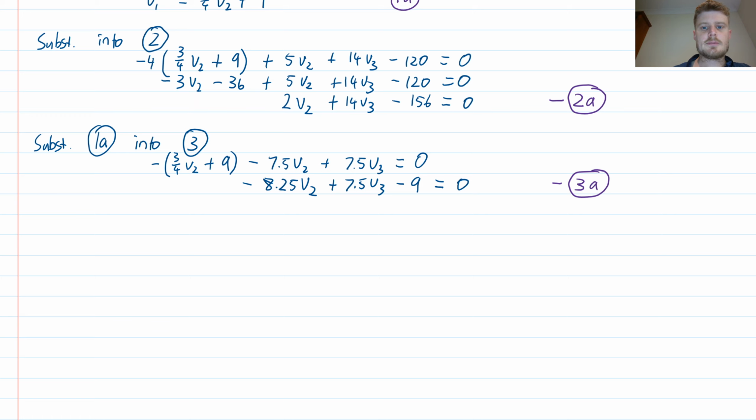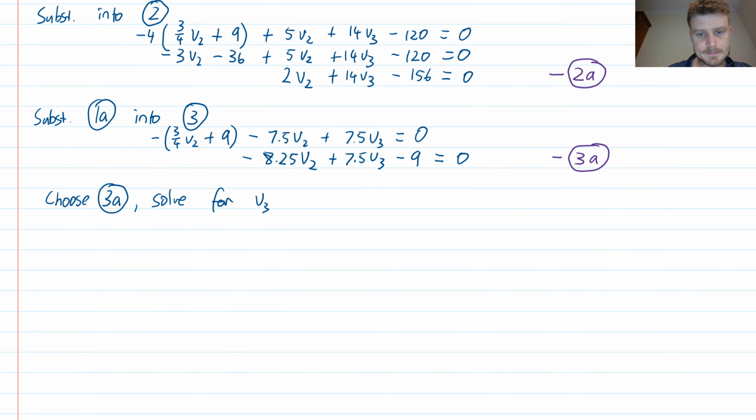So the next thing that I will do is pick one of these, it doesn't matter which one, and solve for v3. I want to eliminate v3. So let's just choose equation 3a and solve for v3. v3 is one of the variables that I am trying to eliminate.